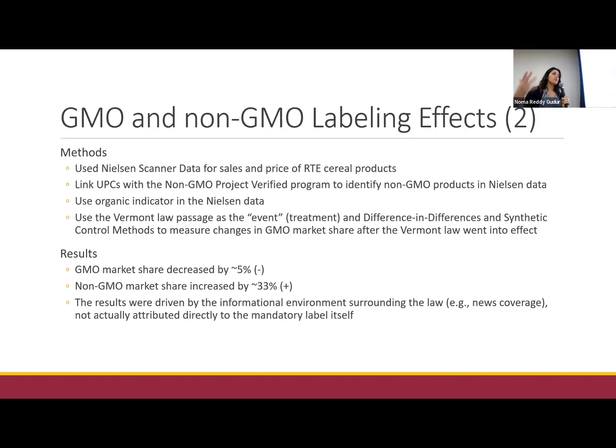The paper goes into a lot of depth, but it's really interesting that, using this scanner data, they were able to look at what is driving the changes in market share of those products. This is in the ready-to-eat cereal industry, so we don't necessarily know how this market share would change if the product category itself changed.